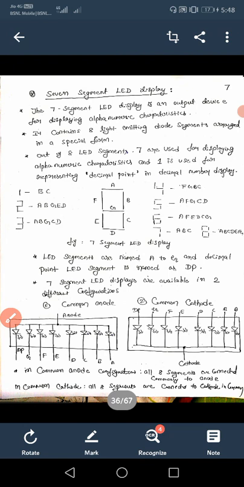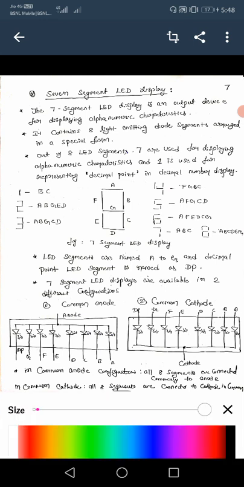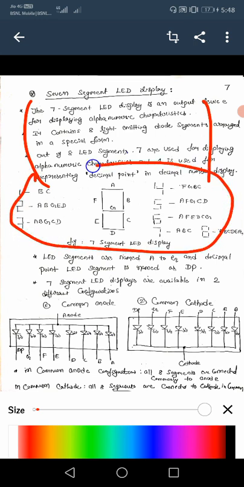The next question is the sixth question; 6th A is over. 6th B: with a neat circuit diagram, explain common cathode and common anode 7 segment display. Just observe. You should write this theory part and this very important part, how we are going to drive the 7 segments, and these 2 diagrams play a very crucial role.